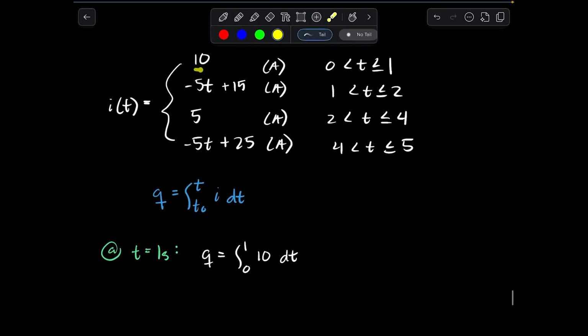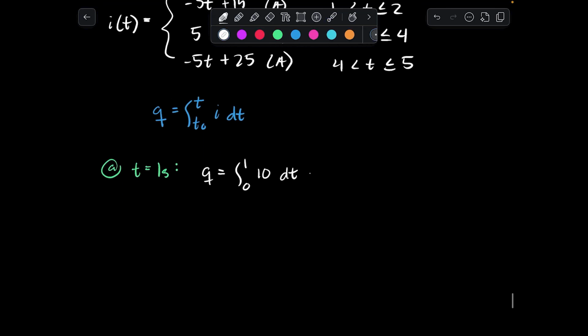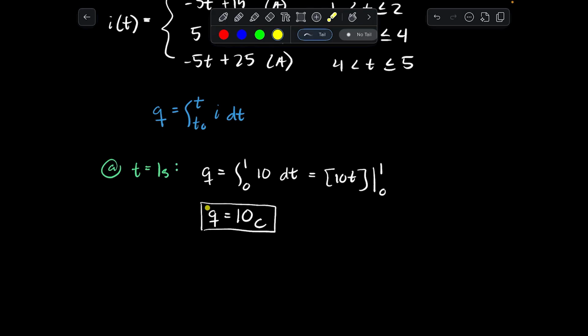That's the equation we have for this interval. And so this is equal to 10t evaluated from 0 to 1. Therefore, q, or charge, is equal to 10 coulombs between 0 and 1 second. That's the exact same answer we got for our first method using area.